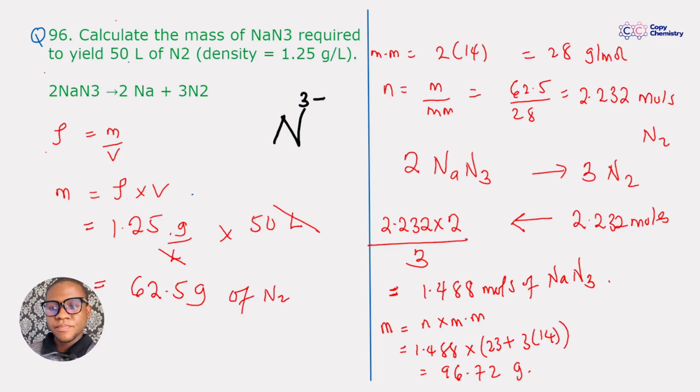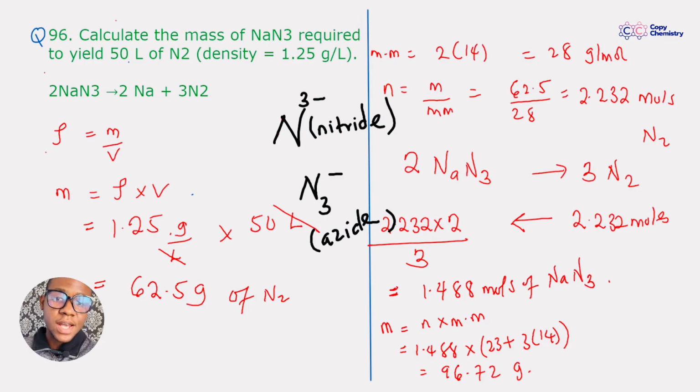Okay, nitride from nitrogen. However, if you have N3 minus like this, that's called the azide. Azide. And this one is what? Nitride. Okay? Just like you have oxide and others.